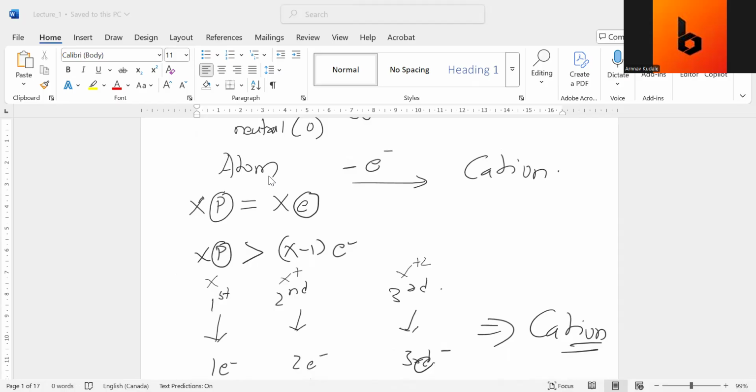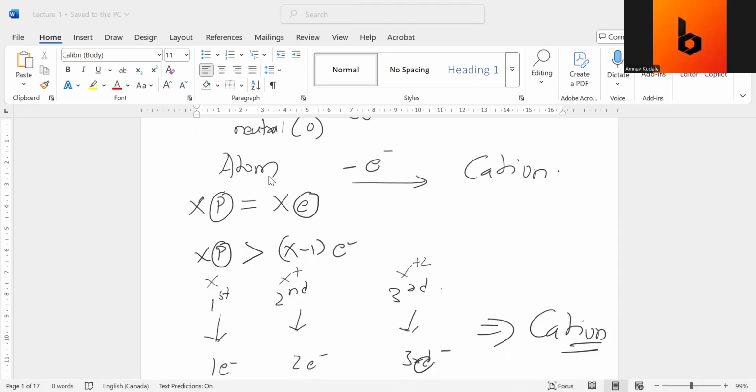Now comes the next concept. For a metal, is it easy to remove the electron? Yes. Why? Because metals want to give away electrons. They want to give and you're trying to remove, so it is easy. Non-metals, on the other hand, want to take electrons, and you're forcing the electrons away from it. What will they do?